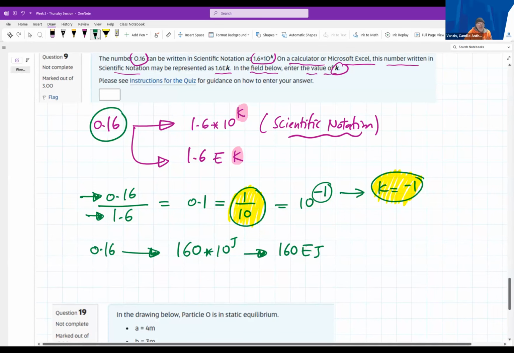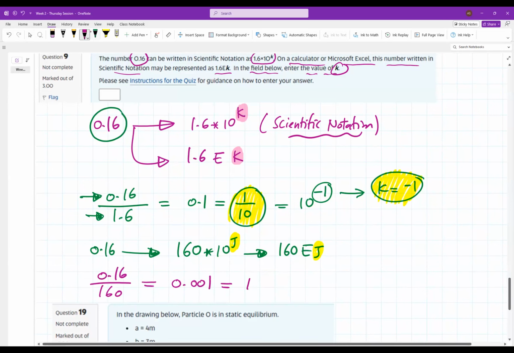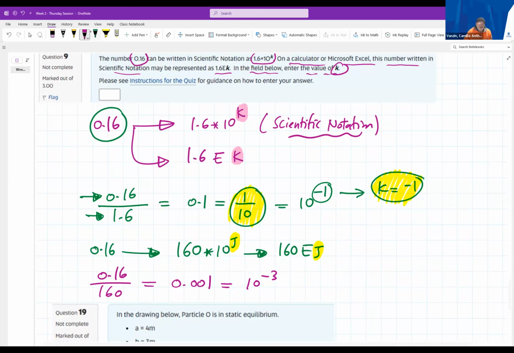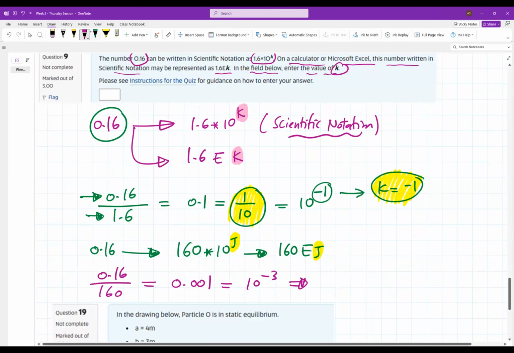Yes, -3. Why -3? Because you've moved the decimal place 3 positions across. That's all it is. So we calculate 0.16 over 160, which gives us 0.001, so it becomes 10 to the power -3. So it becomes 160 E -3.